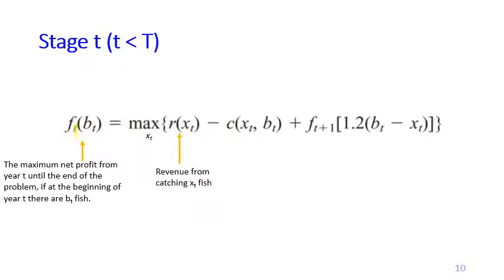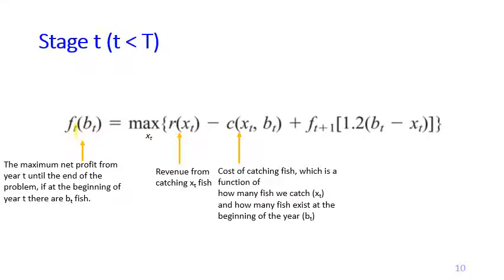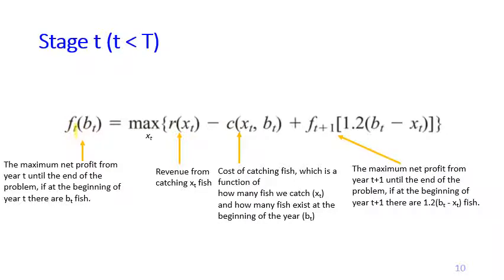Same as before, this is the revenue from catching xt fish, and that is the cost, which depends on both xt and bt. But now you must have f_{t+1}, right? Because f_t means the net profit from year t until the end, and then this is about the year t itself, and this is the rest, such that we reach the end of the problem.